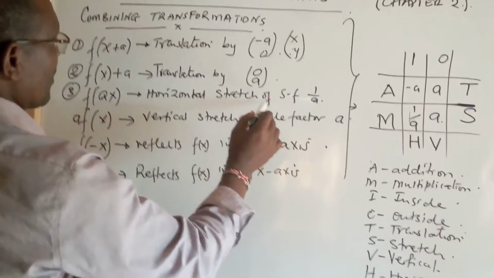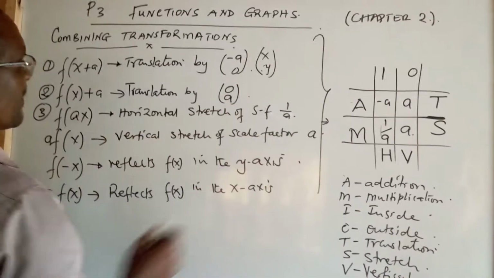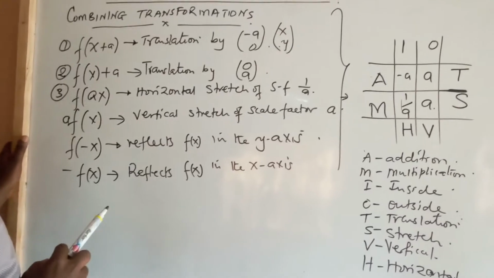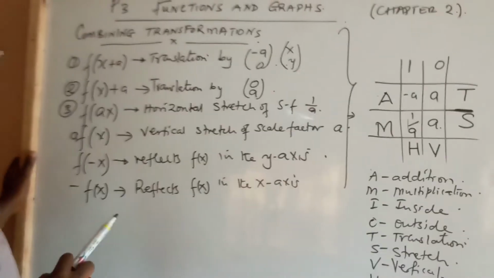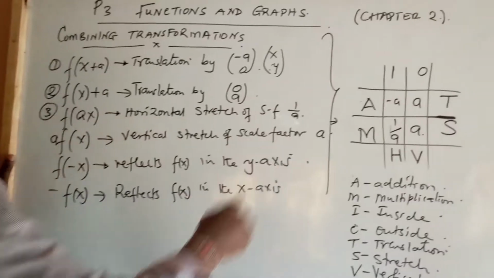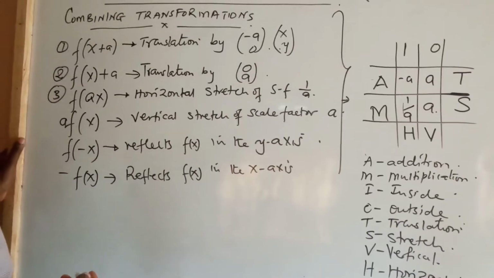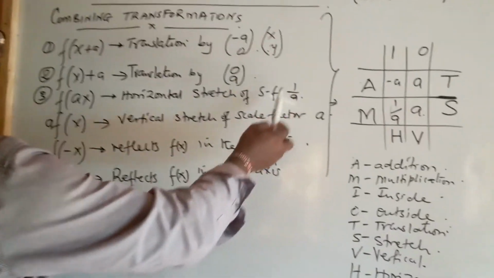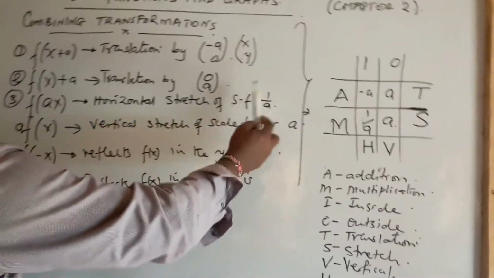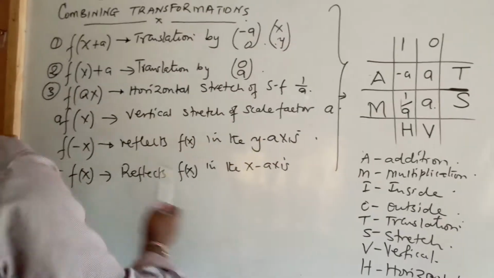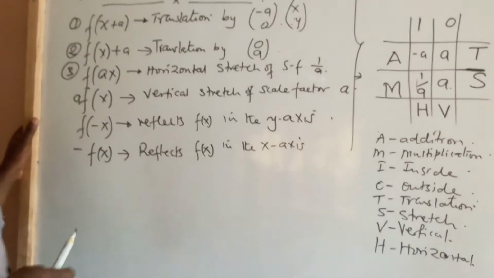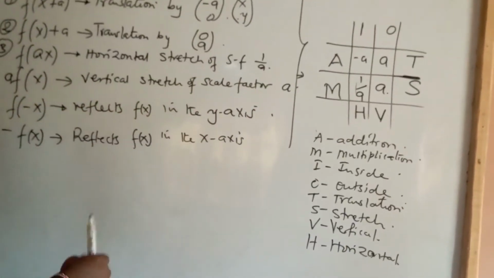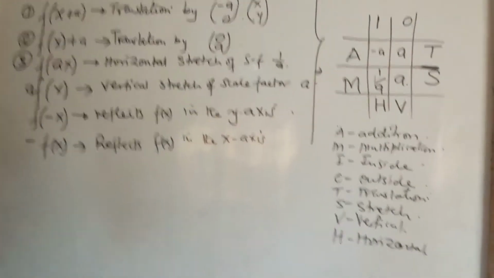What does that mean? Only the horizontal values, or the x values, are affected. Scale factor means we multiply. So all the original x values are going to be multiplied by 1 over A, our scale factor. If our A was 2, then all x values are going to be multiplied by 1 over 2, which is a half, and then we will acquire our new values of x.